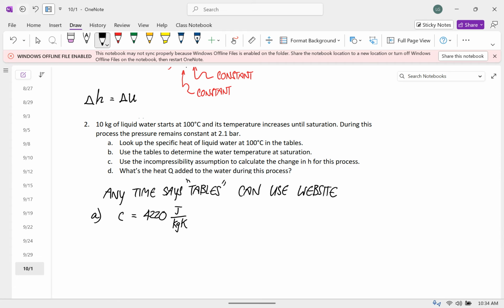Any questions about that? So this saturation temperature is 121.8 degrees Celsius.